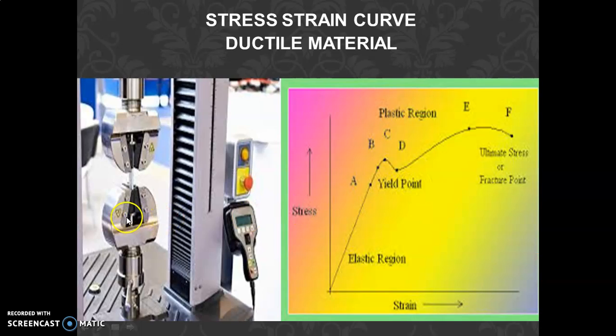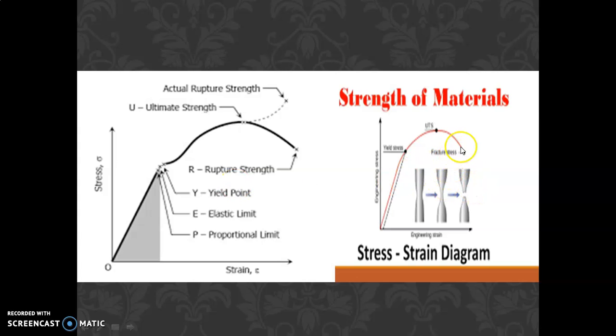Here in this UTM machine, when the load is increased, the two pieces will be formed, and this happens at this breaking point. So before that, this kind of neck formation, here you will observe this section is considered to be neck formation. Is it okay? So yield stress, ultimate stress and breaking stress.